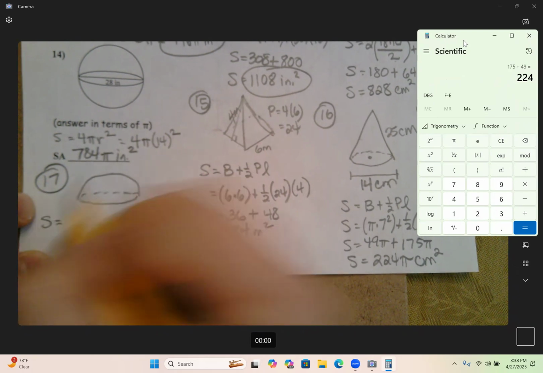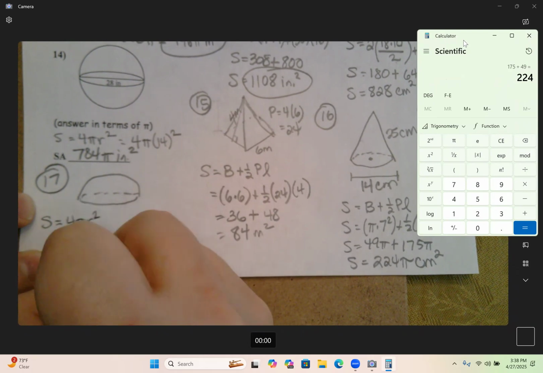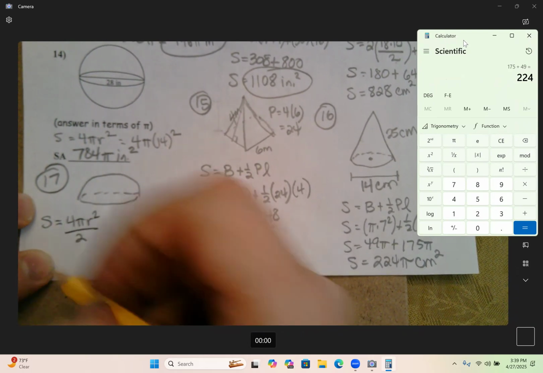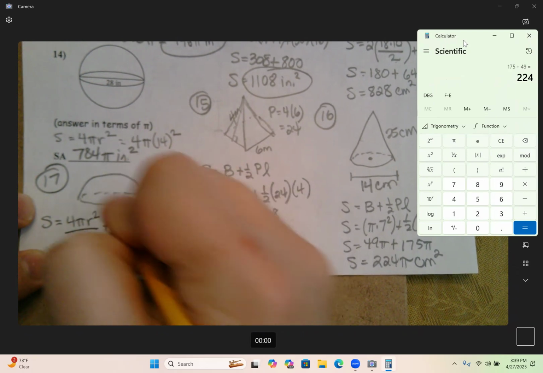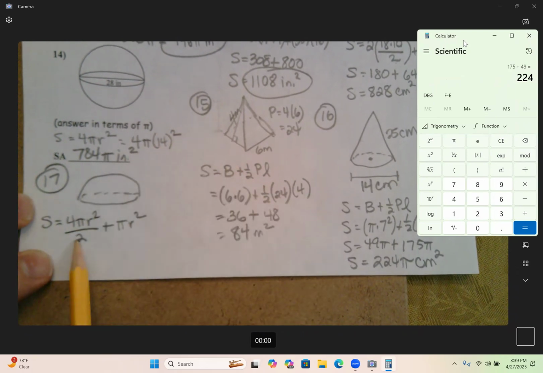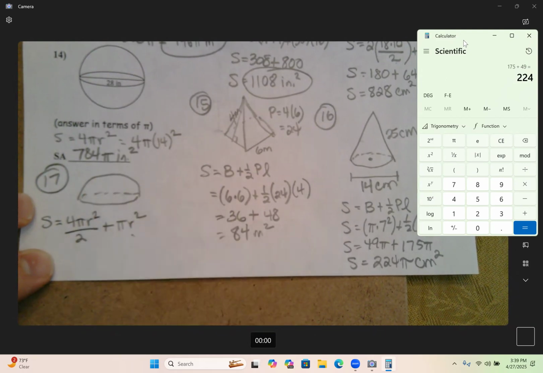The surface area of a sphere was 4 pi r squared, so the dome part you would cut in half. But sometimes it also includes the bottom part, so then you would have to add a circular base of pi r squared. This is the dome, this part up here, and this is the circular base.